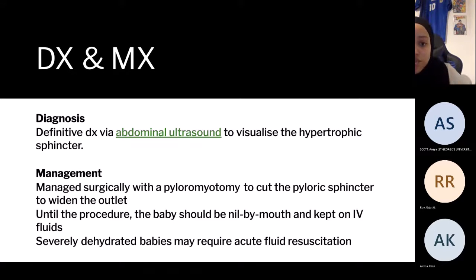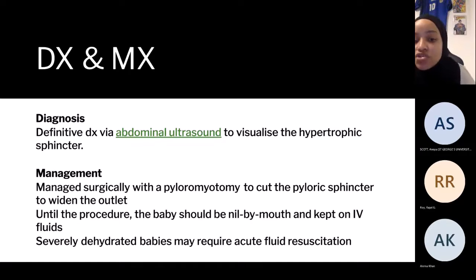You'll see the actual sphincter being quite hypertrophied, and the management of this would be by doing a pyloromyotomy. That essentially just cuts the inner bit of the pyloric sphincter to create more of a widening, so that the children will be able to keep their food down, and it will be able to pass down to the duodenum.